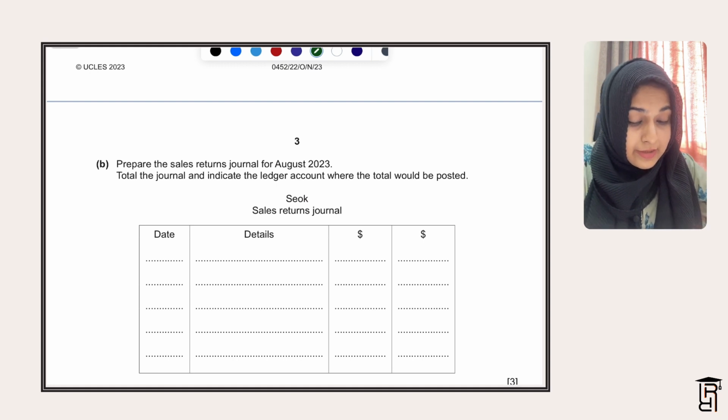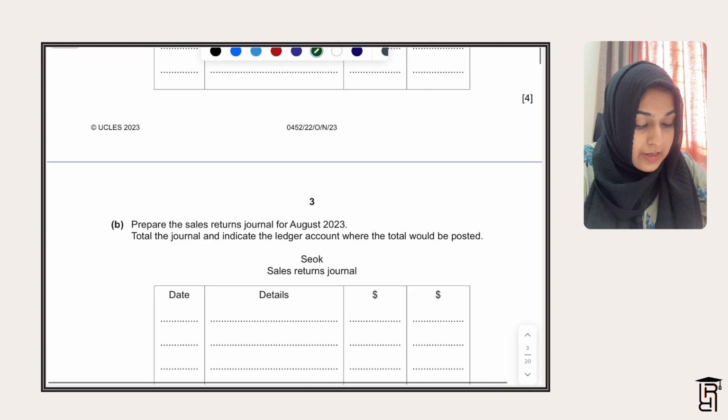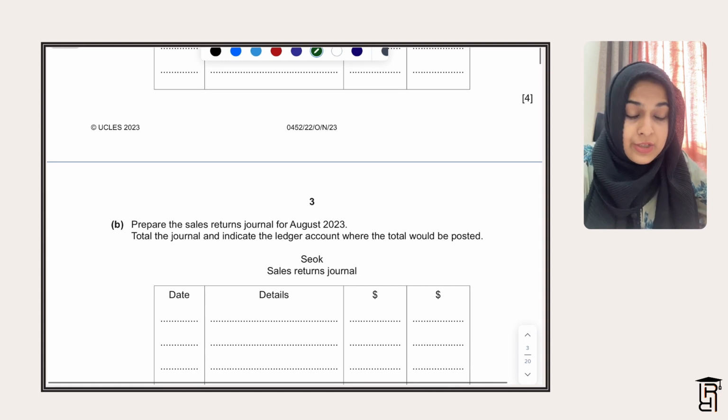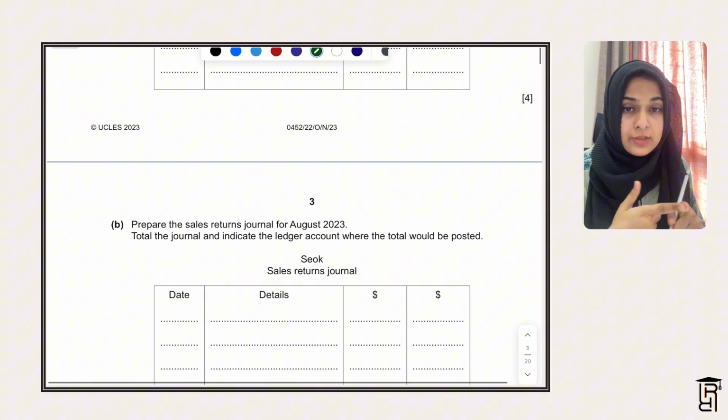So I write here the dates. The date for sales returns is August 10. I write here Naomi, August 10. I write here Naomi. And the list price of the goods that she's returning is 20. We had not sold her goods on the list price.